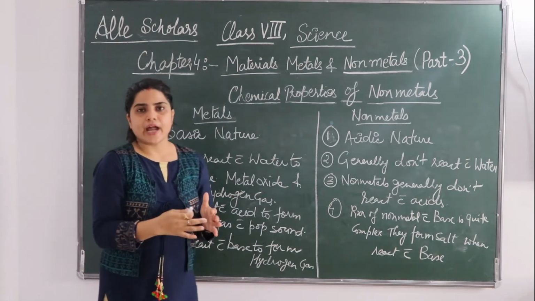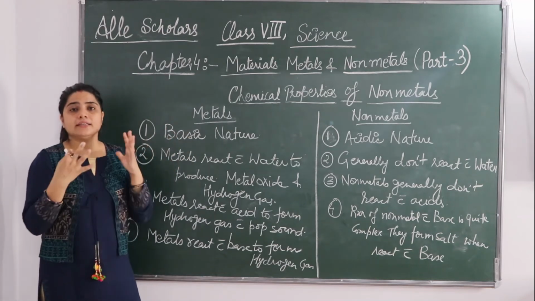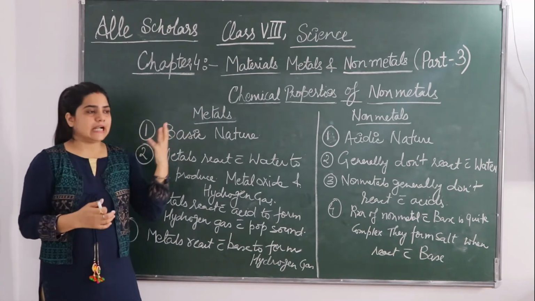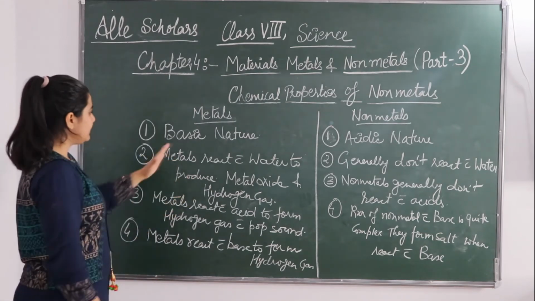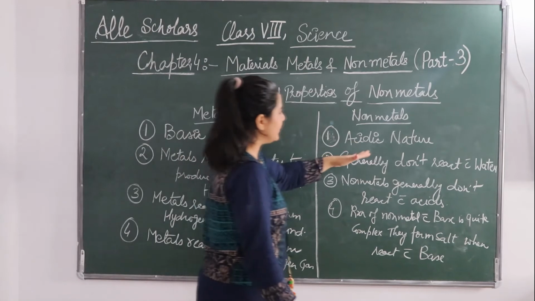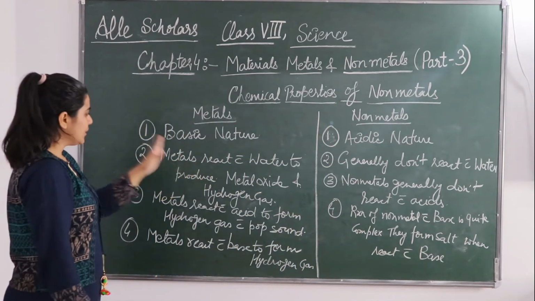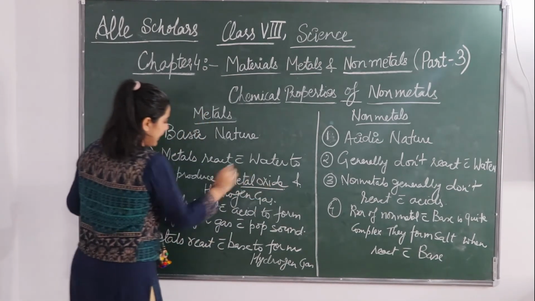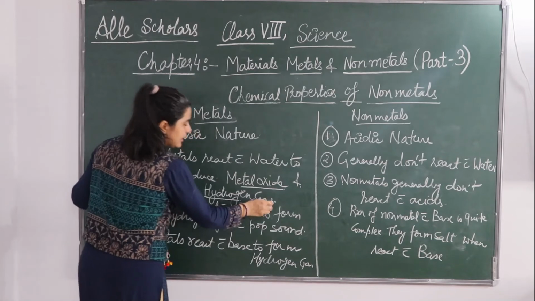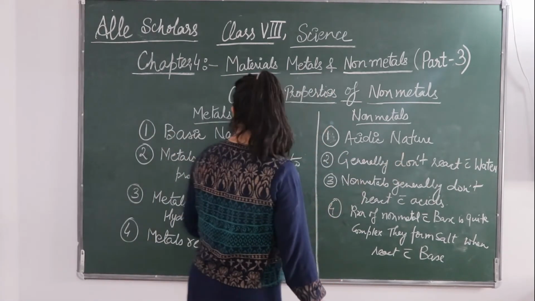They are so reactive with components like oxygen that they react so vigorously that they usually catch fire. Metals are basic in nature, non-metals are acidic in nature. Metals react with water to produce metal oxide and hydrogen gas. Non-metals generally do not react with water.